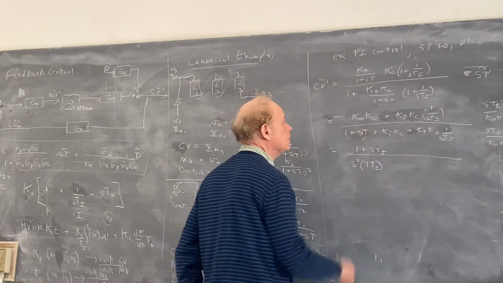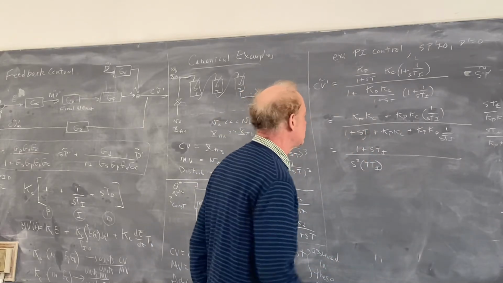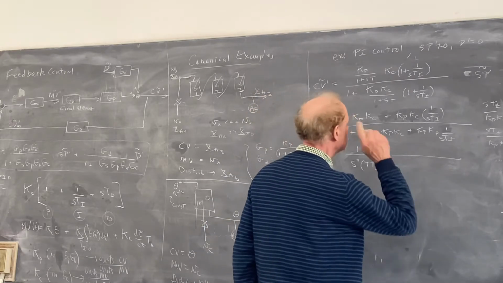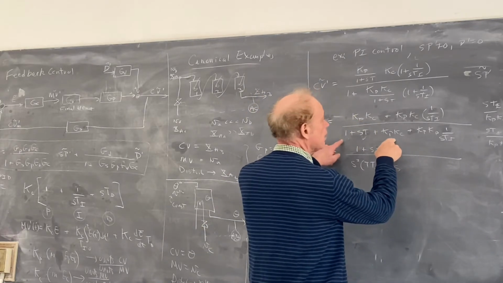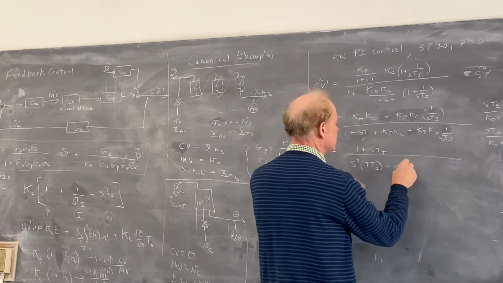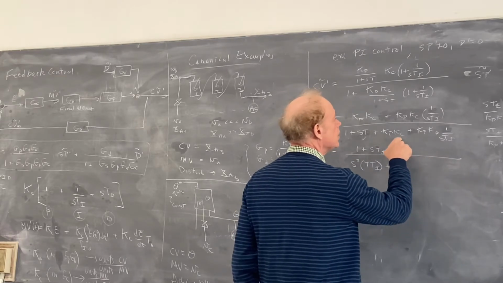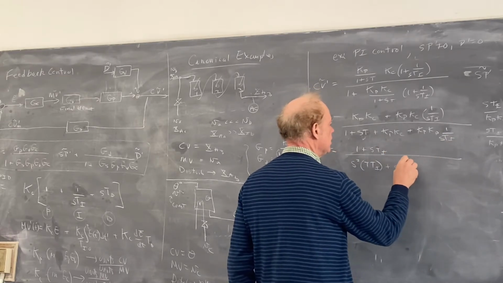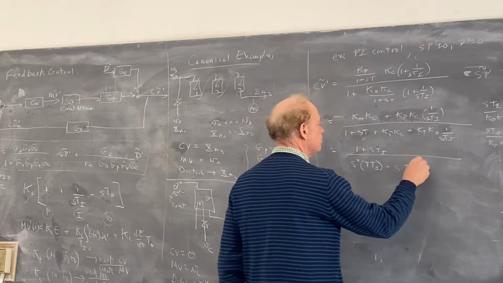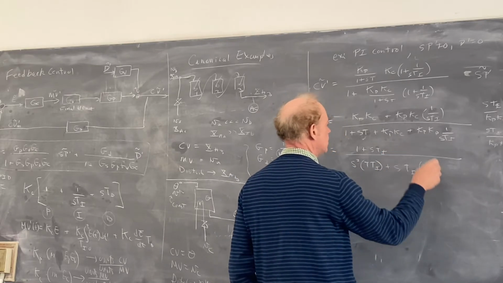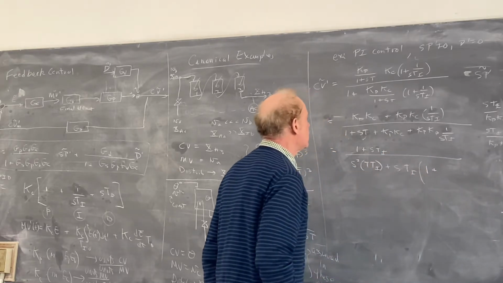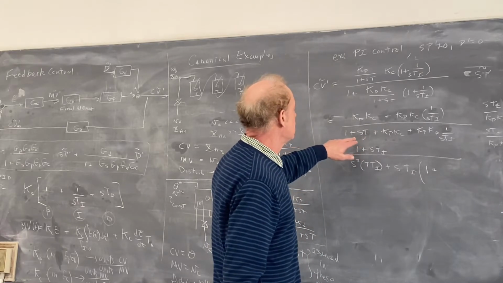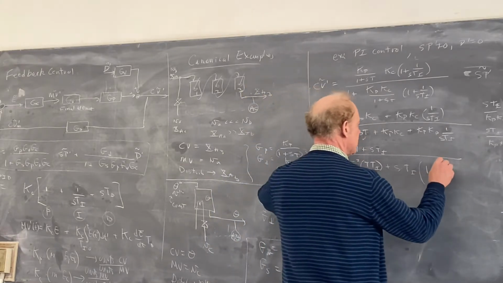That's this term. And now I want the S terms, plus S times 1 plus KP, KC. So this is equal to S times Ti times 1 plus, let's see, 1 plus 1 over KP, KC.